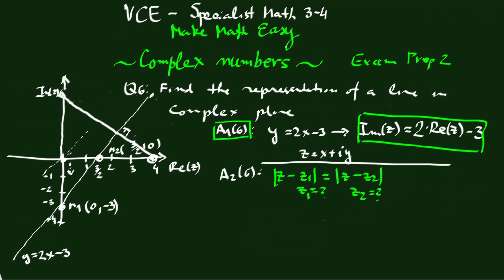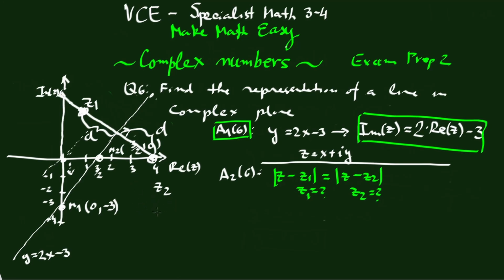And now we want to say, what is the other point that is equidistant? We want some point here such that the distance here and the distance here are the same. That will be our z1 and z2. We call this point here z2 and we call this one z1.